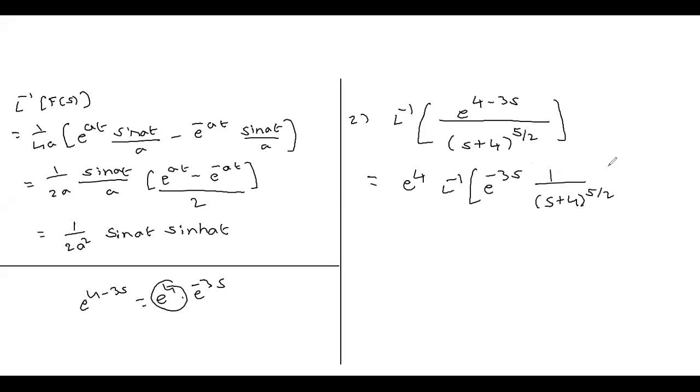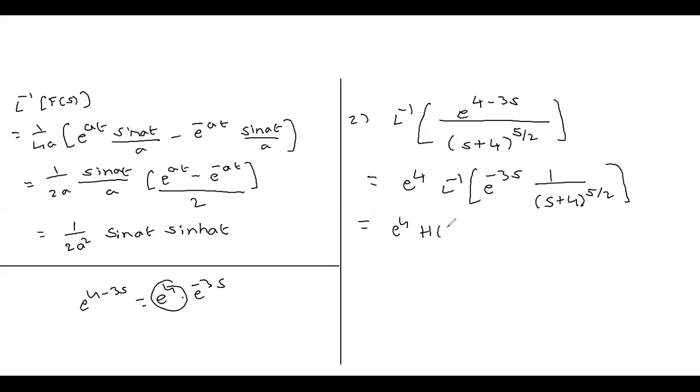Do you agree? Yes, sir. Now, which property should I use? Second shifting, because whenever an exponential is multiplied, you apply the second shifting theorem, right? What is a here? 3.